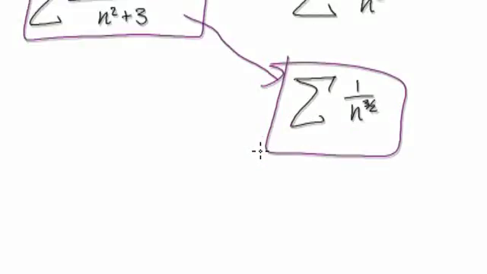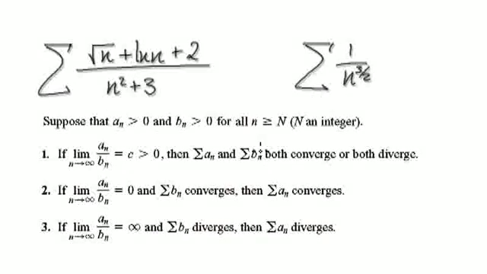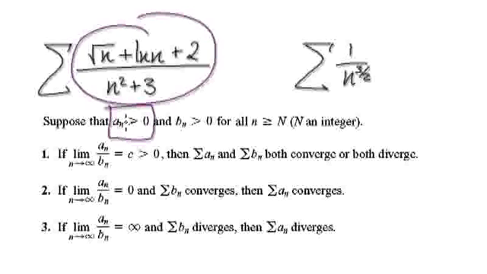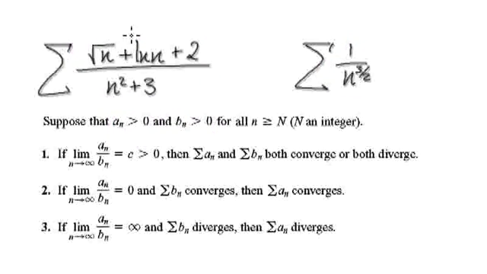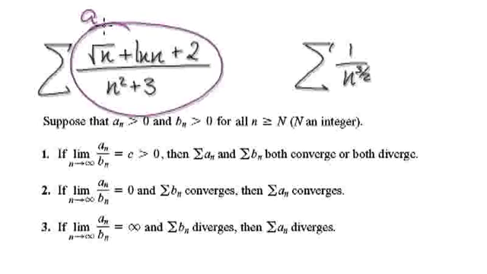Now let's look at this. Always check this first part here: an will always be bigger than 0. This thing here will always be bigger than 0. So now let this here be an, and let this here be bn.